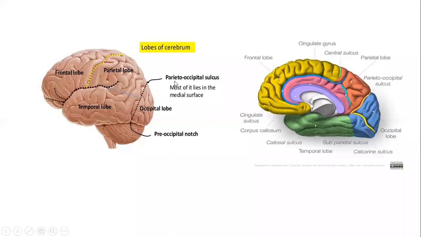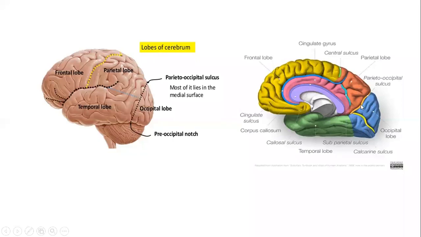So what is the parietooccipital sulcus? From where does it start and where does it end? It begins for a very small distance on the superolateral surface, but it is most visible on the posteromedial aspect of the medial surface. This entire surface shown here is the medial surface of one cerebral hemisphere.